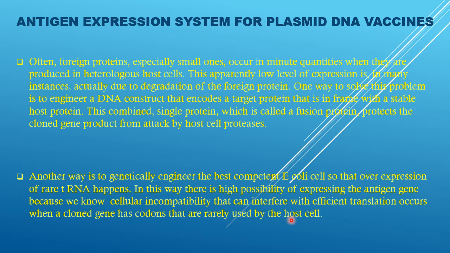So the engineered competent E. coli cells will have the rare tRNA which is not normally utilized by the host cells. But when this plasmid DNA construct is incorporated, that tRNA will be used by that particular plasmid, and this is how we can expect overexpression.